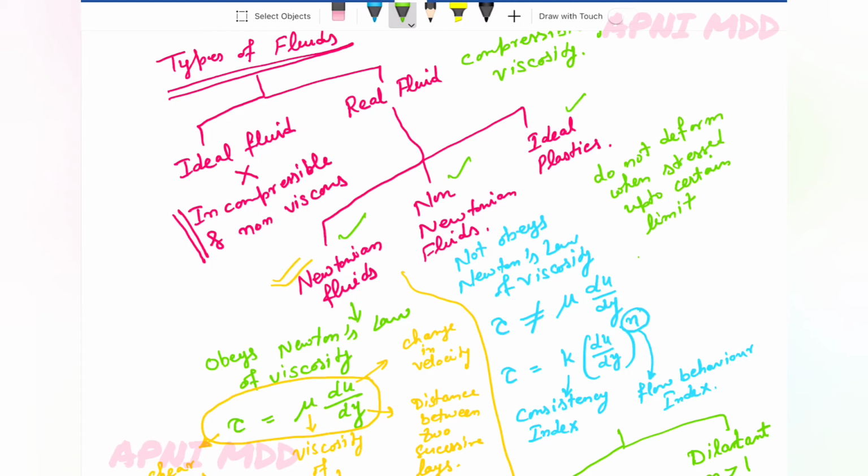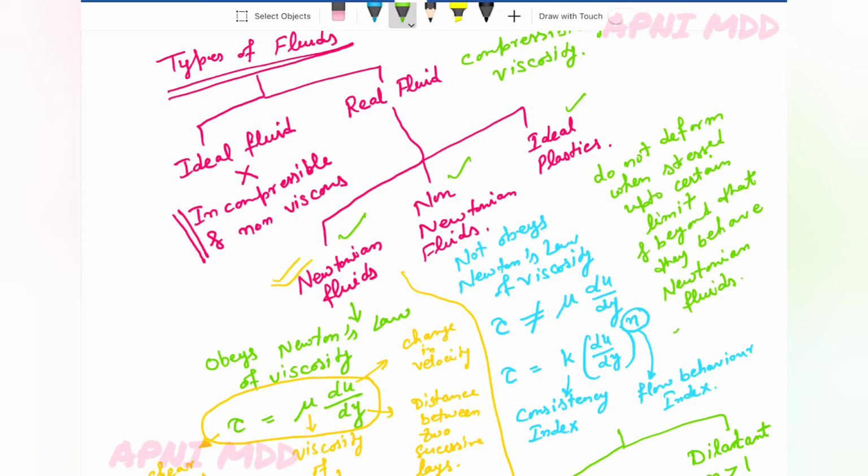Okay, and beyond that they behave like Newtonian fluids. So such type of fluids we call as ideal plastics.